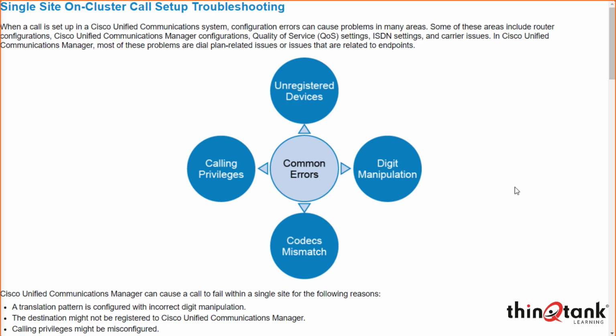So call setup and call teardown are separate from actually coding and decoding the media stream, which is an RTP issue. Almost 99% of the time when I've seen an issue with the call proceeding, I can dial the number, which tells me I don't have a dial plan issue, the call proceeds, the person hears the phone ringing, the person picks up the phone, and then the call all of a sudden drops.